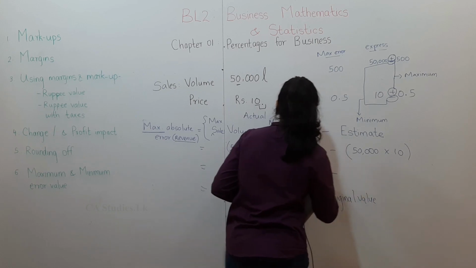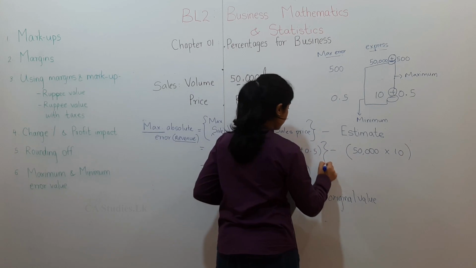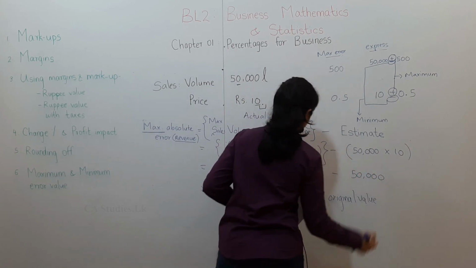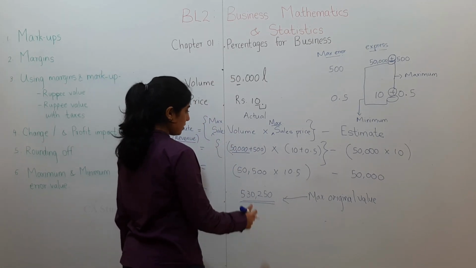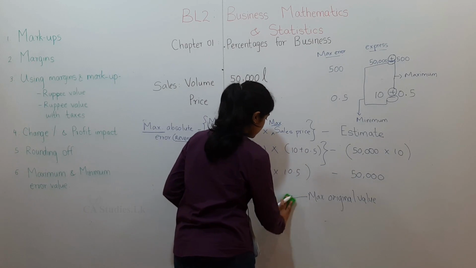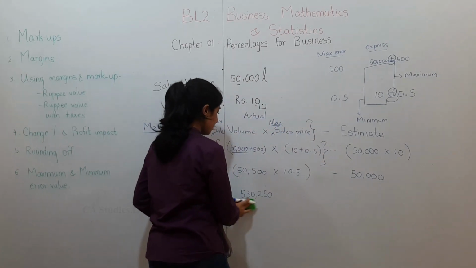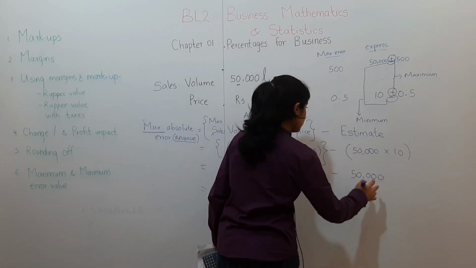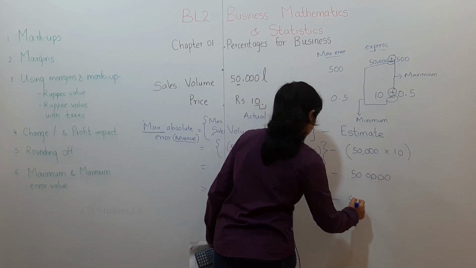Then minus, put these in brackets, minus 50,000. Okay. So this is your maximum original value without rounding off, minus, sorry, this is 500,000, okay, minus 500,000.